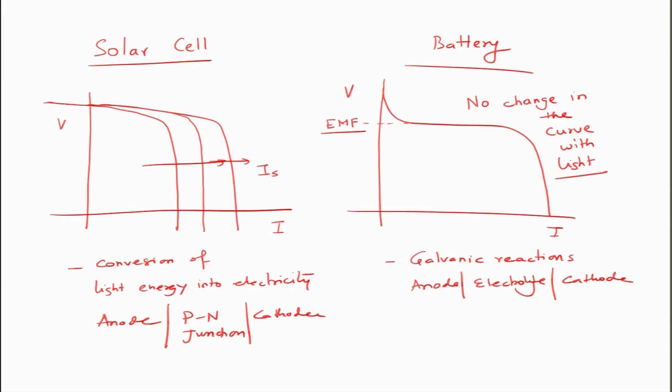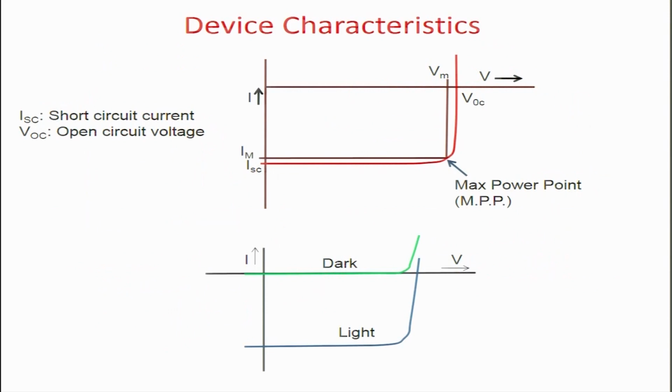In the context of a solar cell, there is something you need to remember about the device characteristics. If we look at this plot earlier, there is a point in the IV curve at which you get the maximum power point, and this corresponds to the rectangle of maximum area that could be drawn within this IV curve.